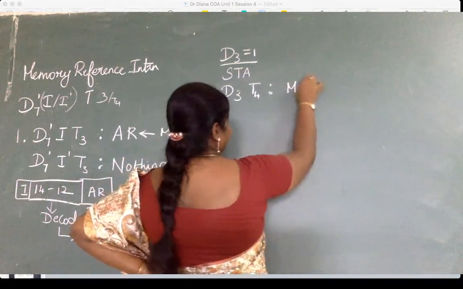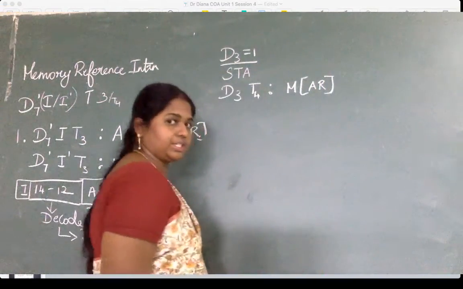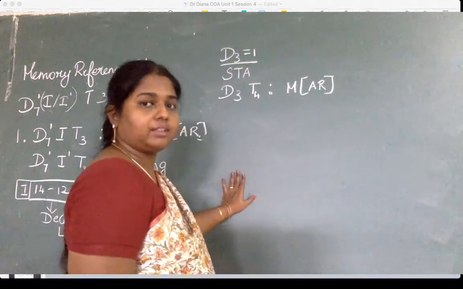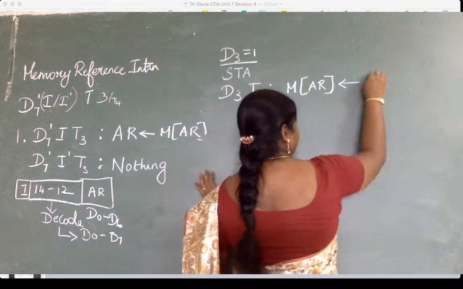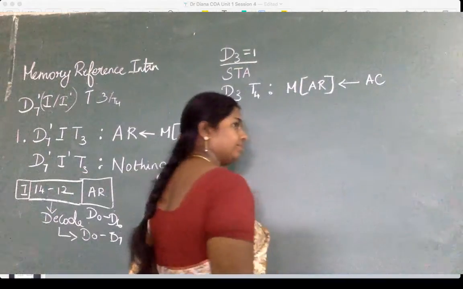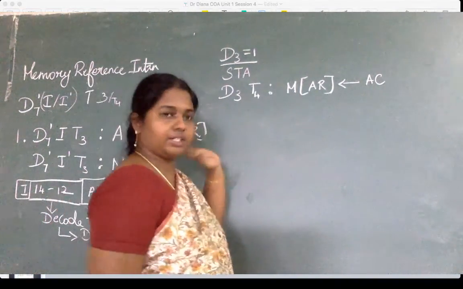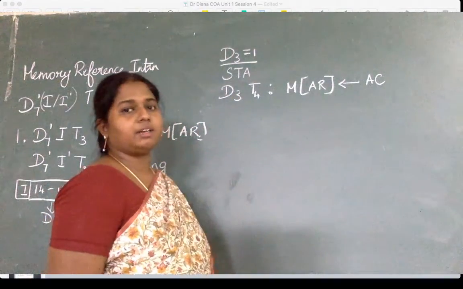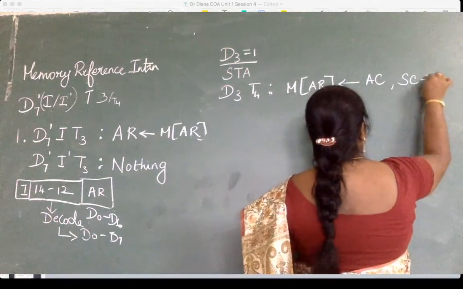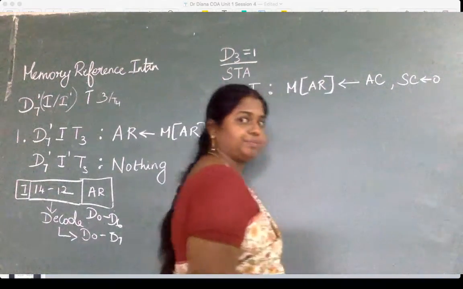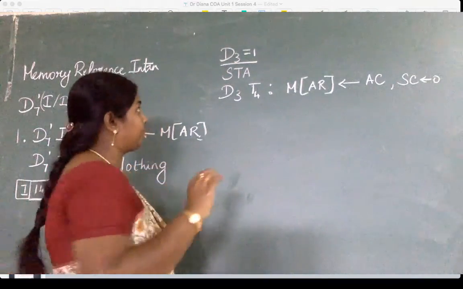The destination is the memory location addressed by the address register, and I am sending the content of the accumulator into memory. The content of the accumulator is sent to memory. This is completed in one clock cycle itself, so immediately I can clear the sequence counter. This is store accumulator.